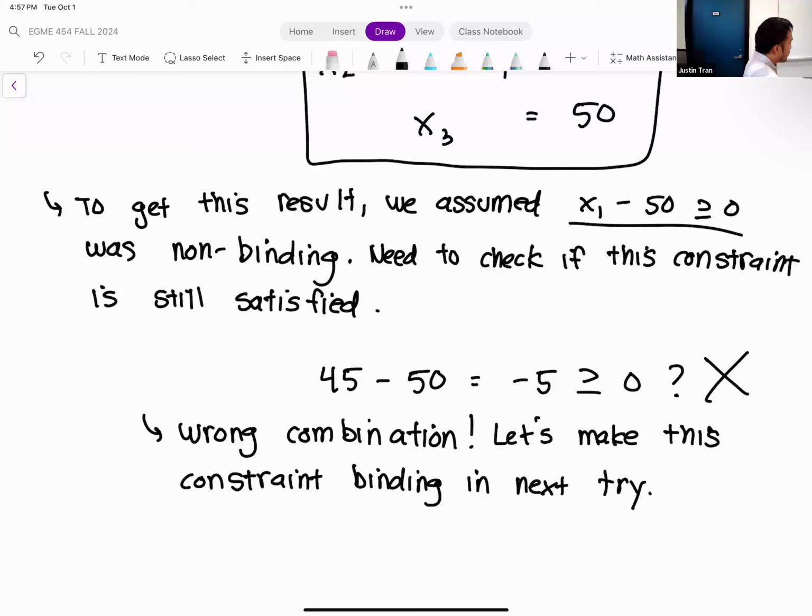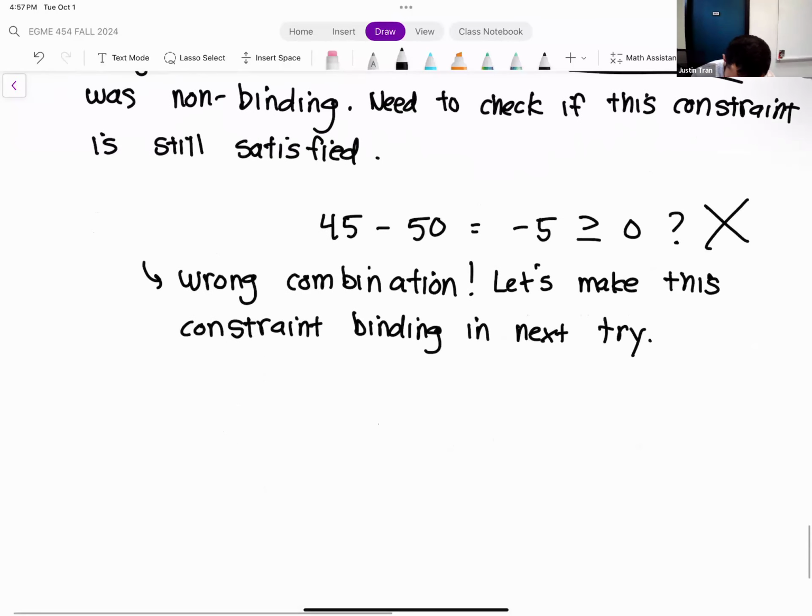Okay, so let's do try number 2. If you follow the notes, I actually try four different combinations. So I'm going to do one more just to illustrate, and then I'll give you the right combination. We know from this that the first constraint probably should be binding.